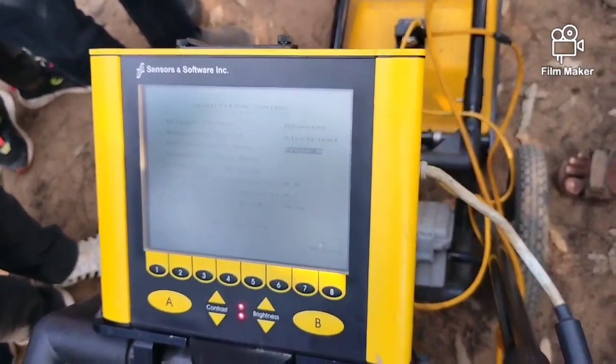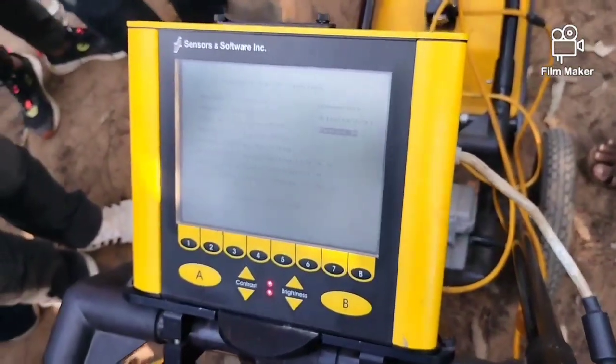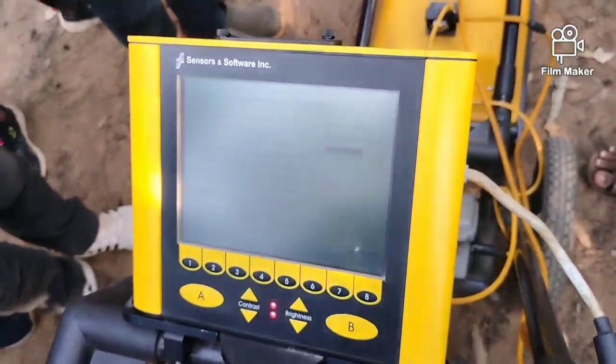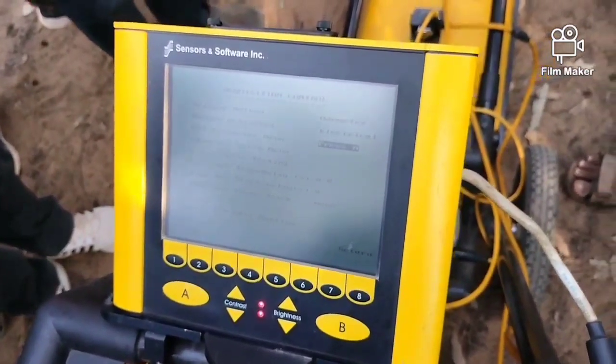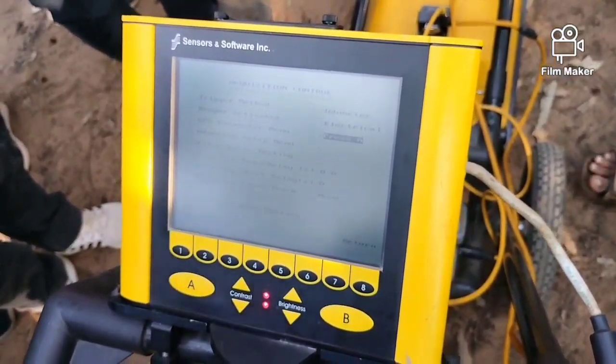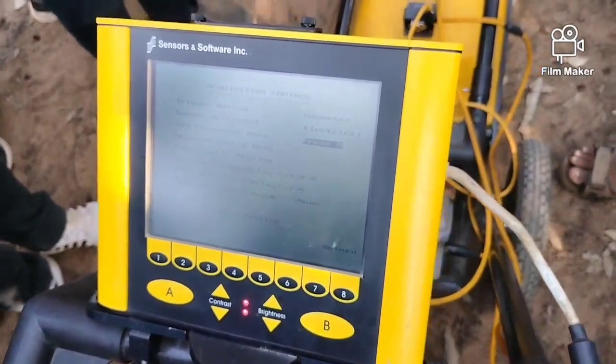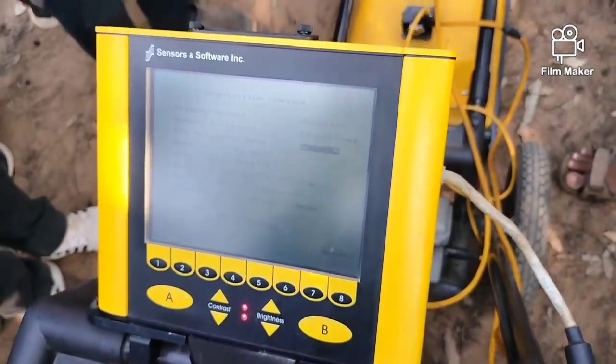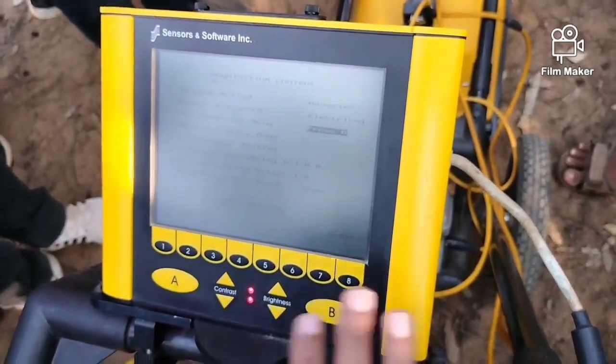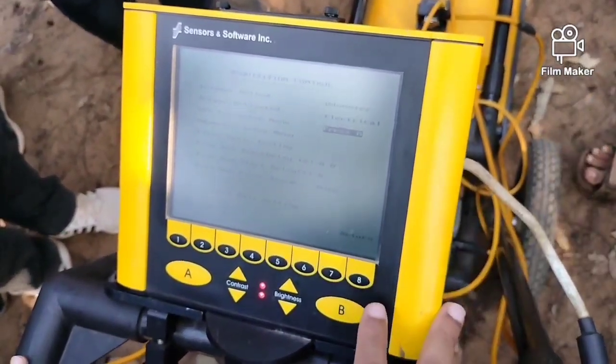In our case, we use a dumpy level. I'm not sure if you guys know, that's a leveling instrument. But it's good to have GPS attached with GPR. We won't look through the GPS parameters because there's no GPS here.